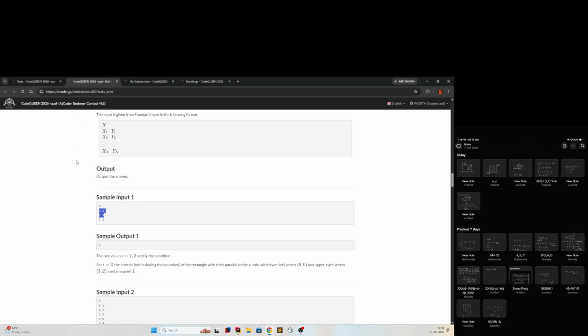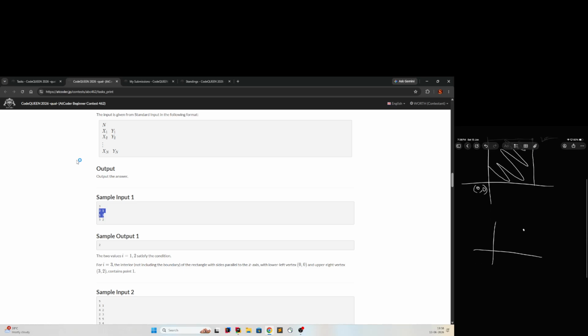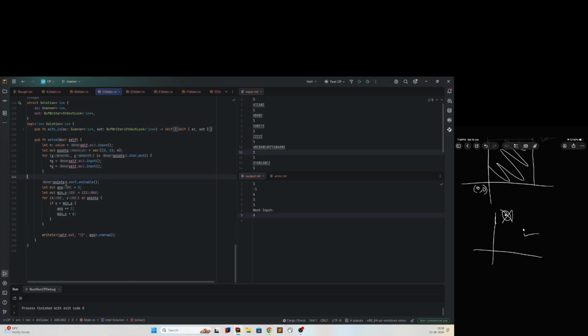So the way I have solved it is, if I have some point here, then this is not going to bother us, right? So I iterate over increasing values of x and y. If I go through the implementation, we sort these points, and I maintain the minimum y we have encountered till now.